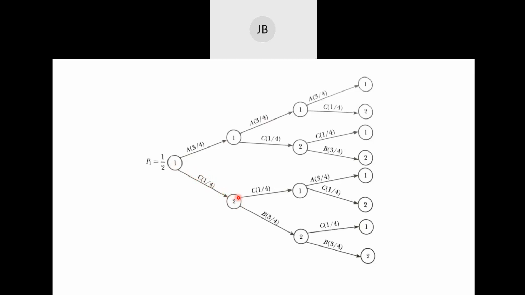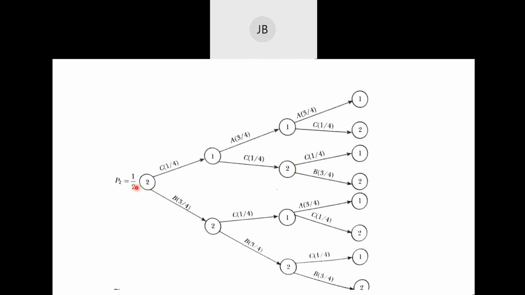From state 2, either it can generate symbol C or it can generate symbol B. This is basically written from the given figure. You can write it to any number of stages, but right now in this question, the first and second stages are sufficient for us. Only this part of the figure is sufficient.